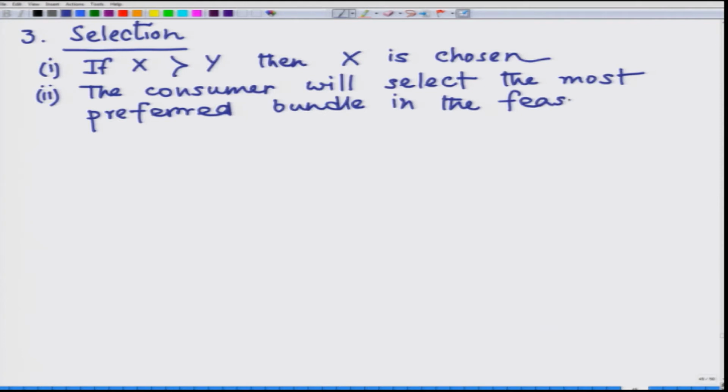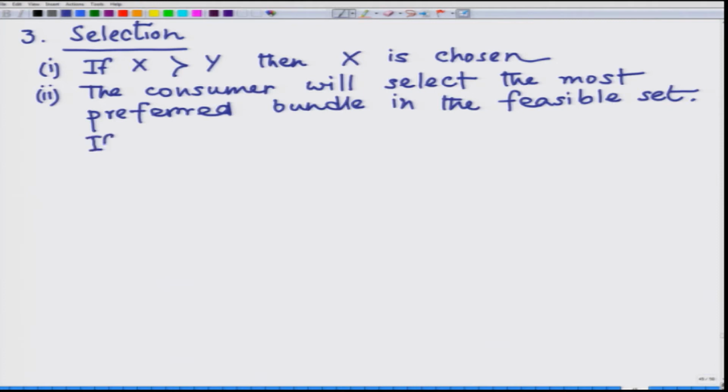What do I mean by feasible set? So, we are working in the commodity space, but there can be some constraints that do not allow the consumer to exploit the entire commodity space. In that case, the consumer is working within or optimizing within a constrained subset of the commodity space, and then we call that subset of the commodity space as feasible set.